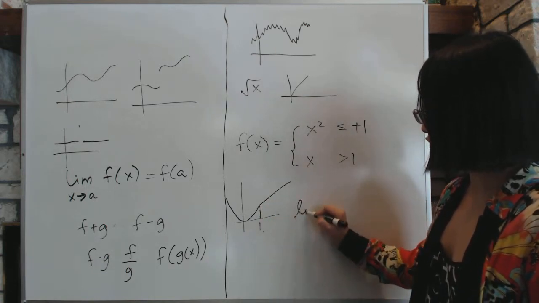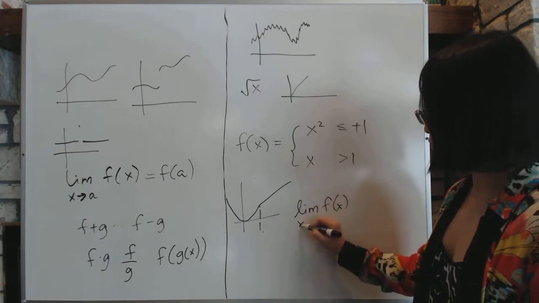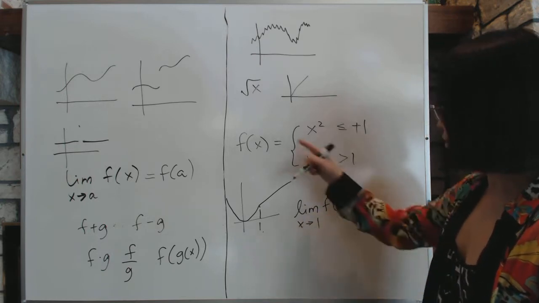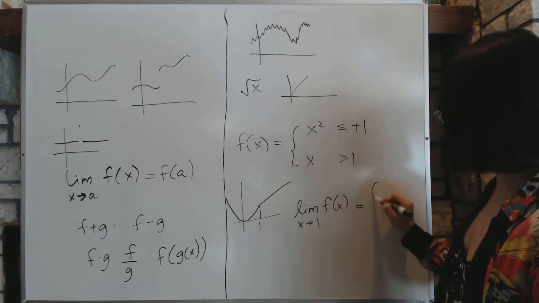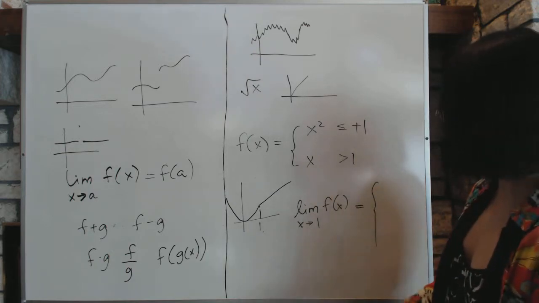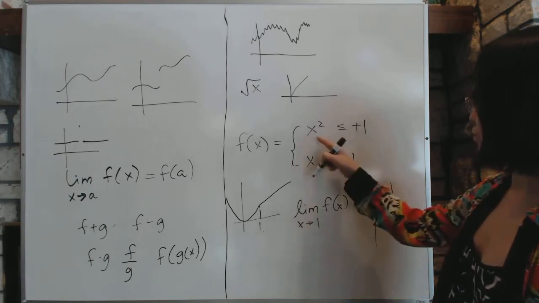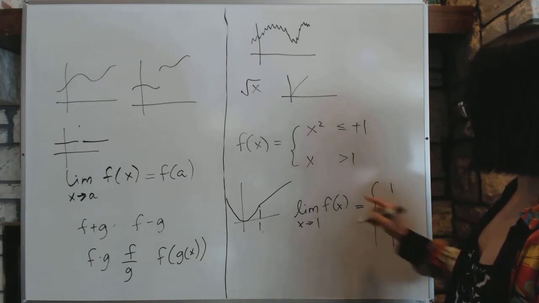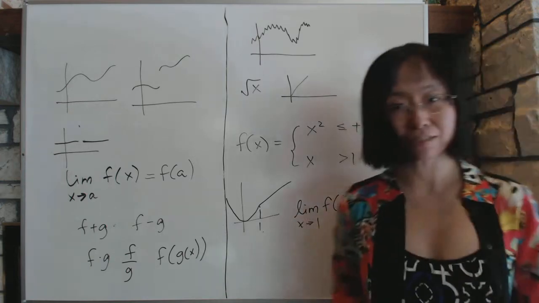Because the limit as x goes to 1, from both sides, from the left side or the right side, is equal to 1 if it's for x squared, and it's also equal to 1 for x. It doesn't matter which way you calculate it. Therefore, f is continuous.